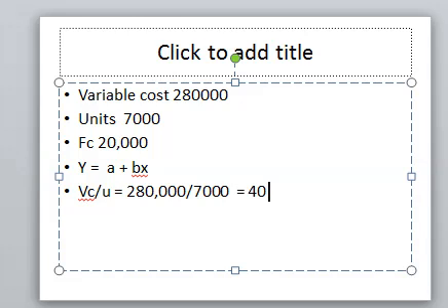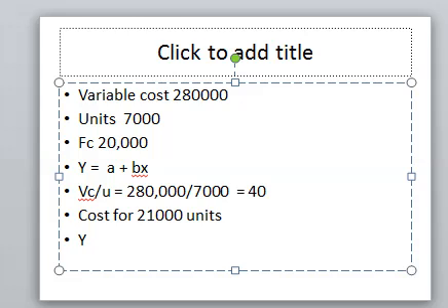So what is our question? Our question requires us to estimate the cost of producing 21,000 units. In this case, we are substituting in our cost function.